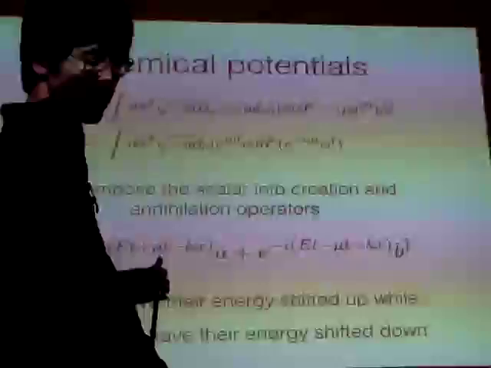This means the energy of particles has been increased by amount mu, but the energy of antiparticles has been decreased by amount mu. So this is just the statement I made before, that chemical potentials shift the relative energy levels of particles versus antiparticles.